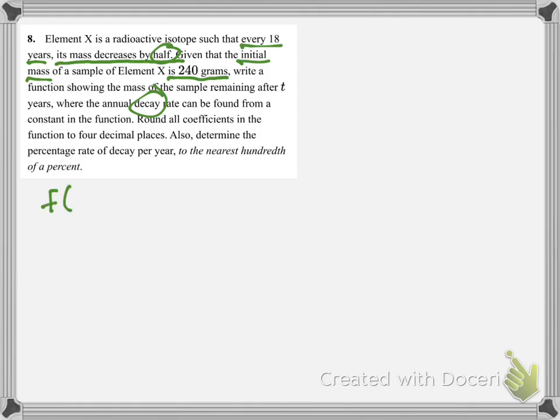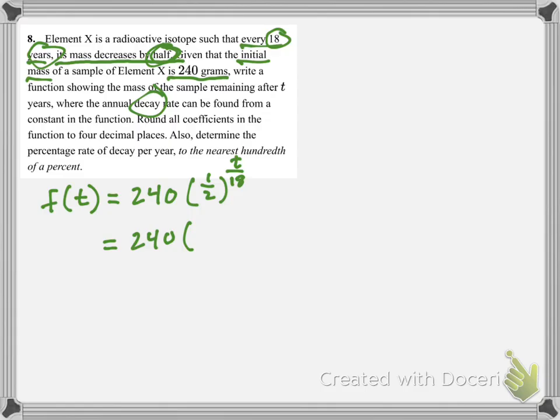So f of t equals 240 is the initial amount times 1/2, because there's the half, to the t over 18 years. So 240, again, change 1/2 to 0.5 to the 1/18th power to the t.